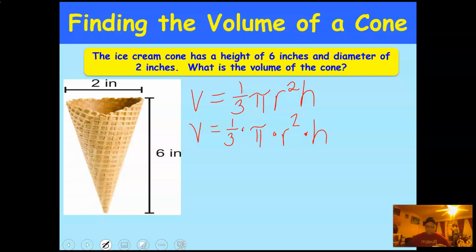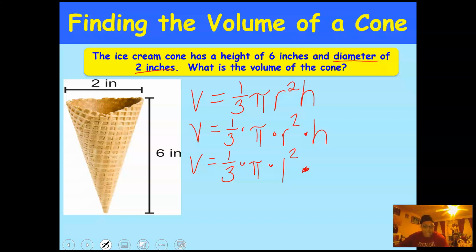To do this problem, we have to use the given information. What's the given information here? We don't know the volume, so that's still going to be V. We know 1/3. We know pi, because we'll put that in a calculator. R squared: they gave us the diameter is 2, half of 2 is 1, so we're going to say 1 squared times h.